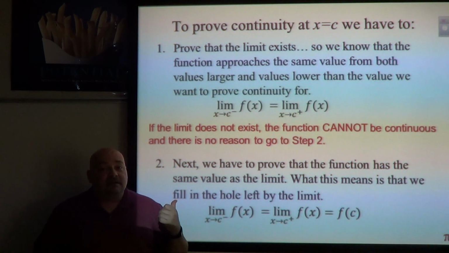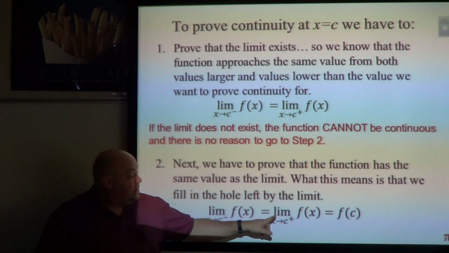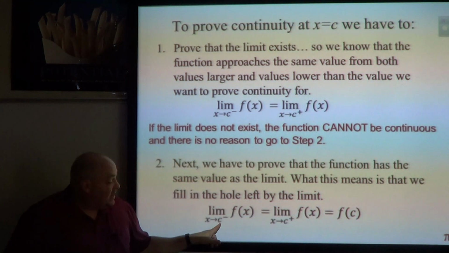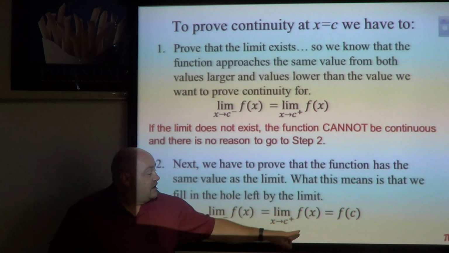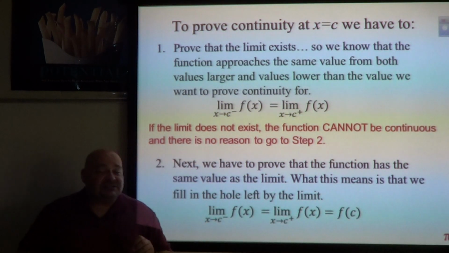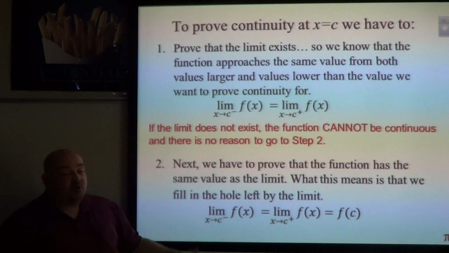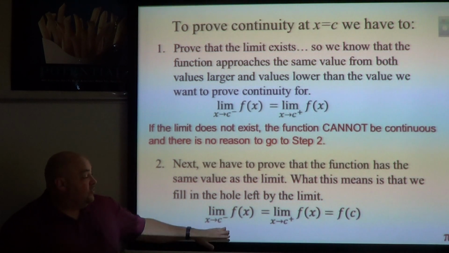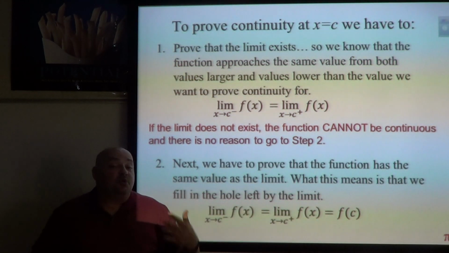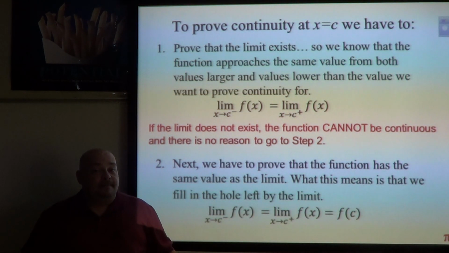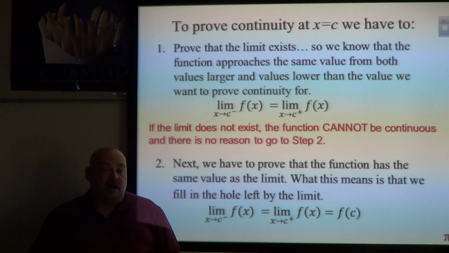If we prove that all three parts of this, the left-hand limit as x approaches c, the right-hand limit as x approaches c, and the function value at c are all the same, then we've proven that this thing is continuous. So that's how you would go, and it has to be a statement like this, where you've actually proven all three parts of that. Otherwise, you've not proven continuity.